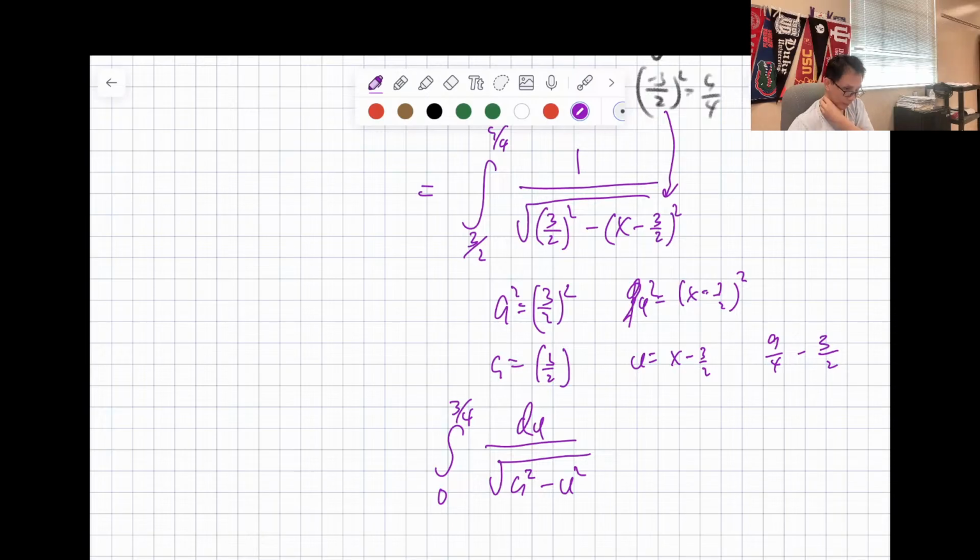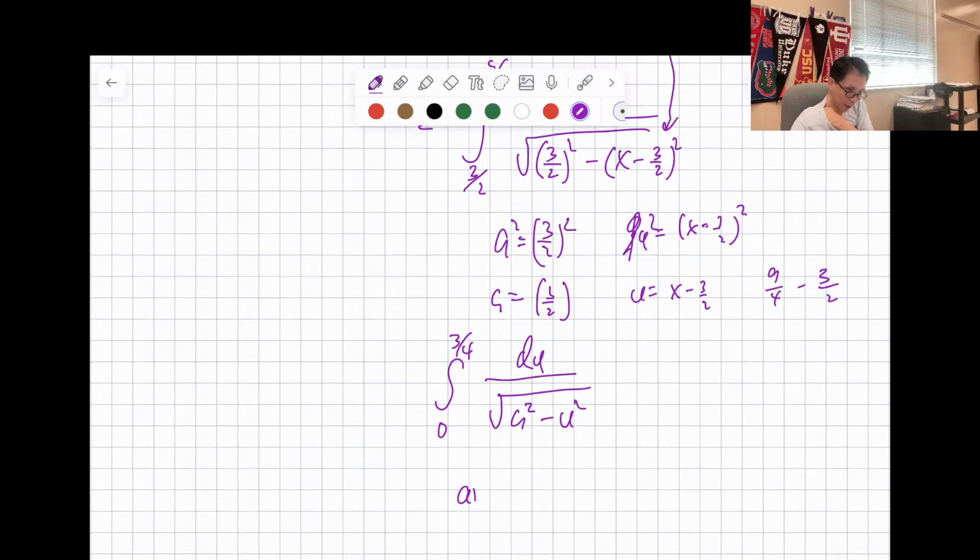Is that okay? So this will be arcsine of what? u over a. What is a in here? 3 over 2, right? Between 3 over 4 and 0.